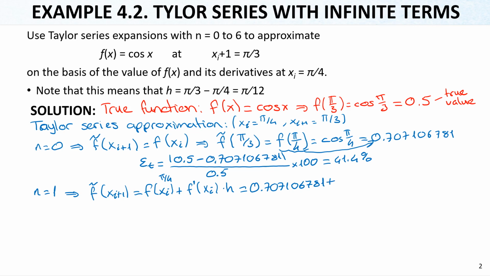So then we will have the derivative, and the derivative of cosine x is minus sine x, sine xi. So we can just then write minus sine xi, which is pi divided by 4, times the step size, which we said will be pi divided by 12.